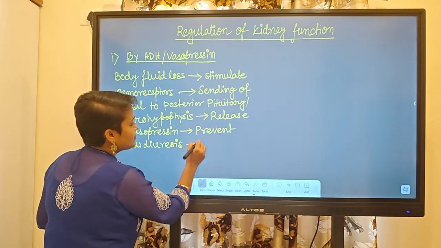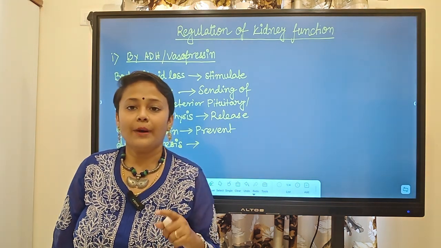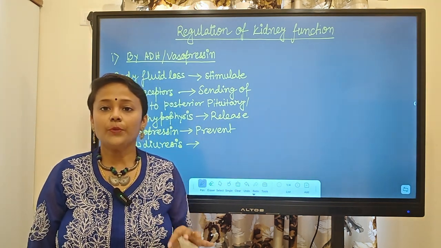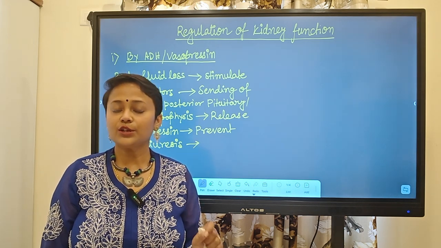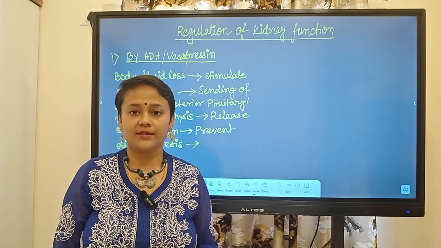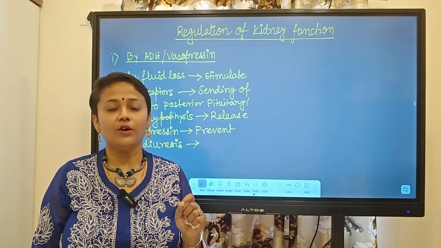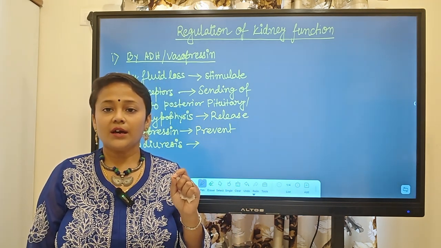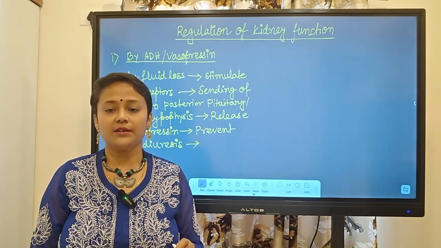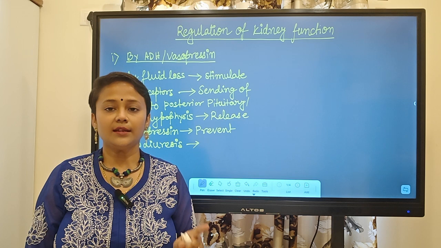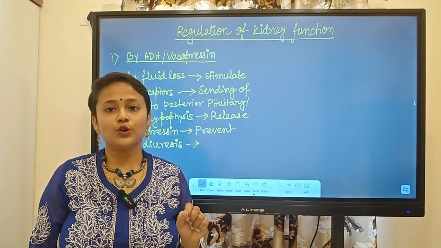How will it prevent diuresis? Diuresis will be prevented by the absorption of water from the distal convoluted tubule and collecting duct. The collecting duct and the distal convoluted tubule, or DCT, can absorb water conditionally. Conditionally means if antidiuretic hormone is present in the blood, then it can reabsorb the water.